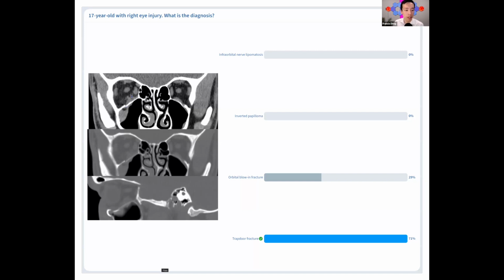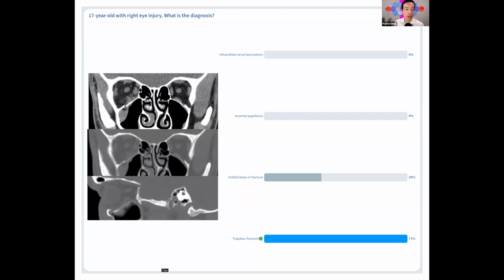And that creates an incarceration of orbital contents below the fracture, and that can be a cause of extraocular motility limitation, which this patient had. It could be that part of the muscle is there, or just septae to which the muscle is attached are herniated through this trapdoor fracture.